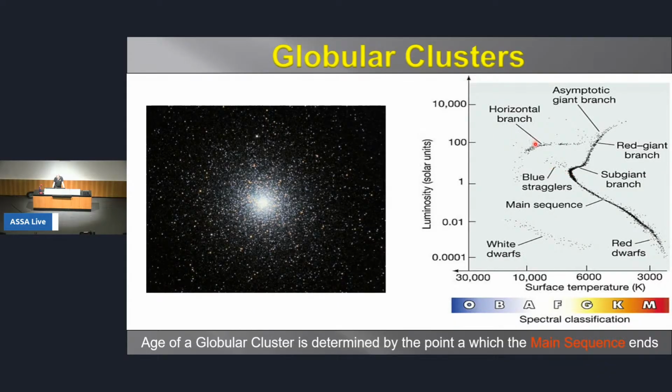Because as we move down the main sequence, stars live longer and longer and longer. So at a certain point, this is the point where stars are leaving the main sequence. So we know we're looking at probably a G0 star. So anything more massive than that have already become red giants and either exploded as a supernova or become a white dwarf.